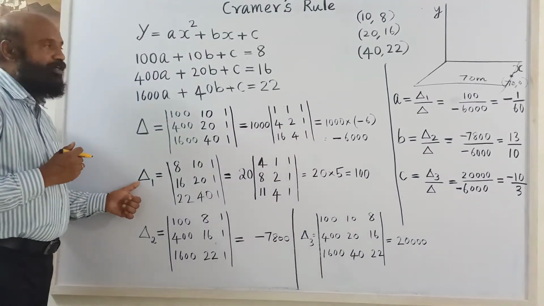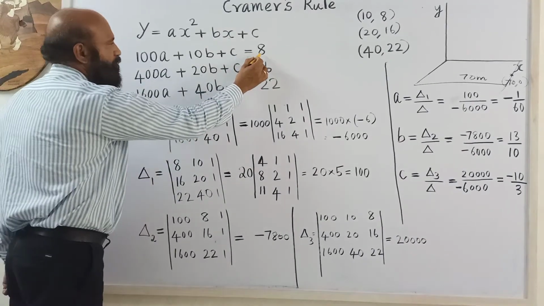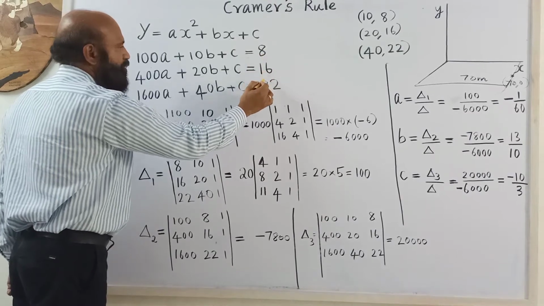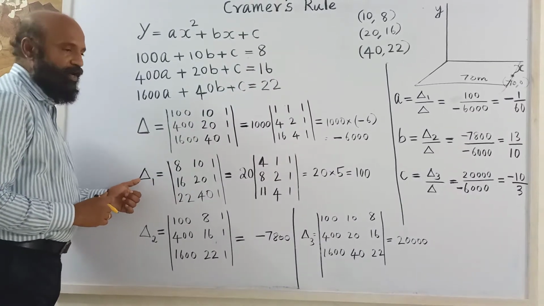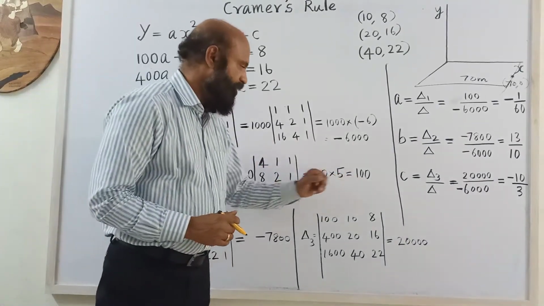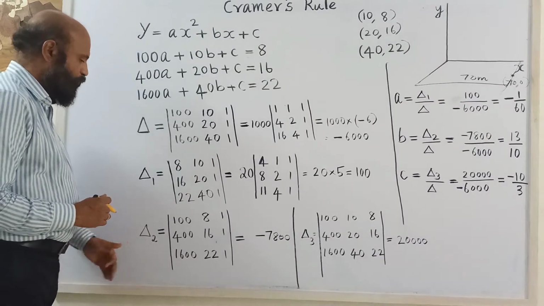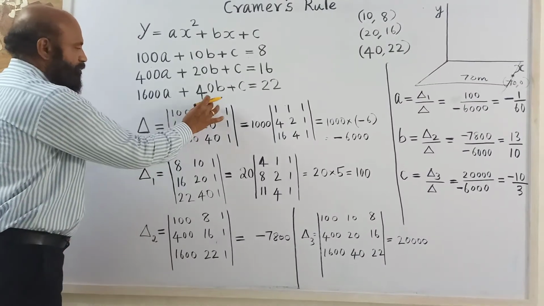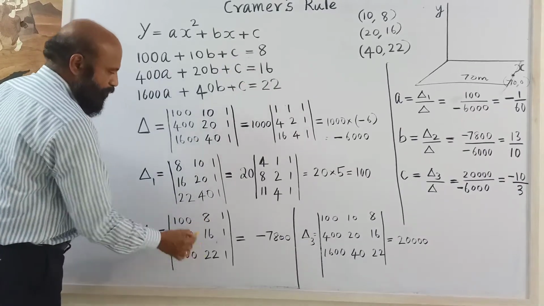Then for getting delta 1, this column is replaced by 8, 16, 22. If you find the value of this determinant, it is 100. Then for getting delta 2, the second column is to be replaced by 8, 16, 22.